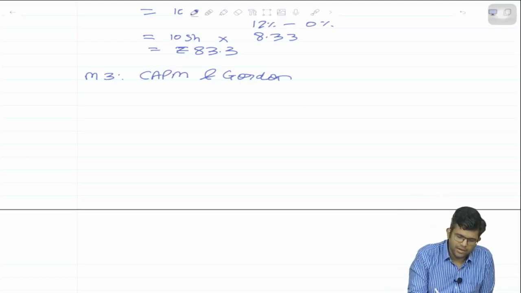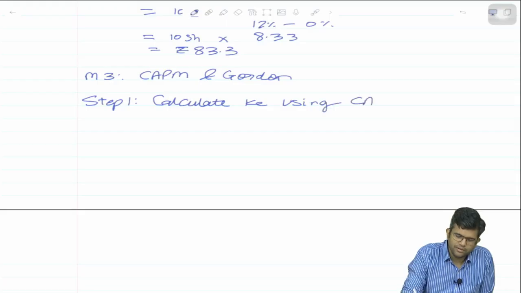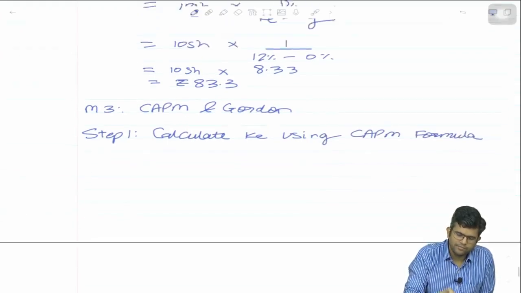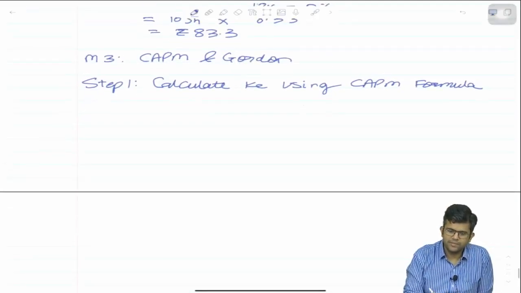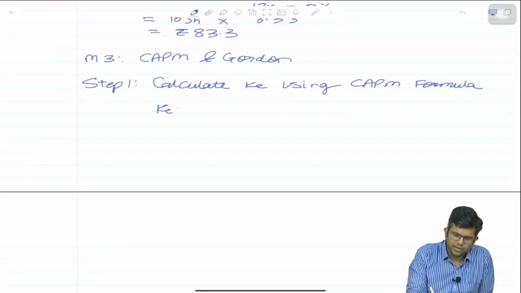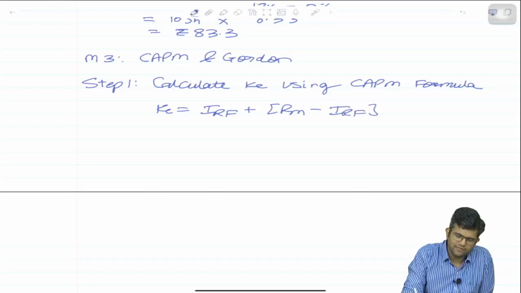Okay, write down. Step 1. Calculate KE using CAPM formula. KE is equal to IRF plus (RM minus IRF) into beta.